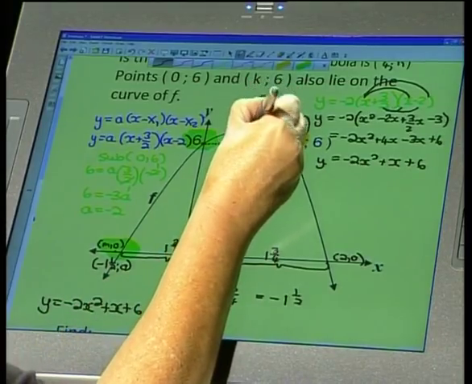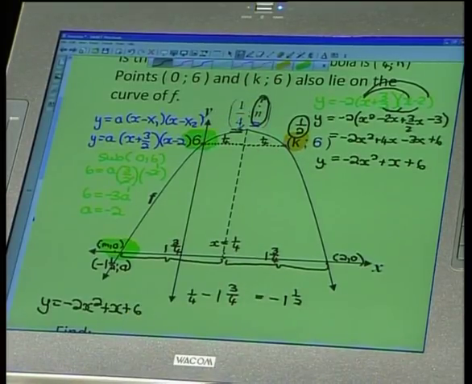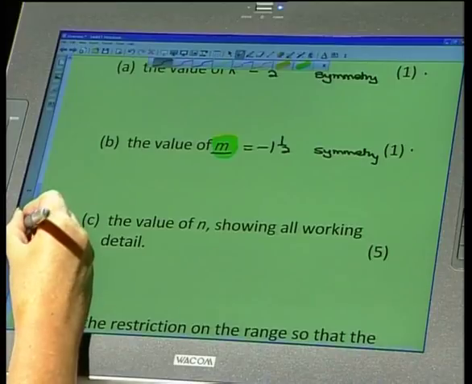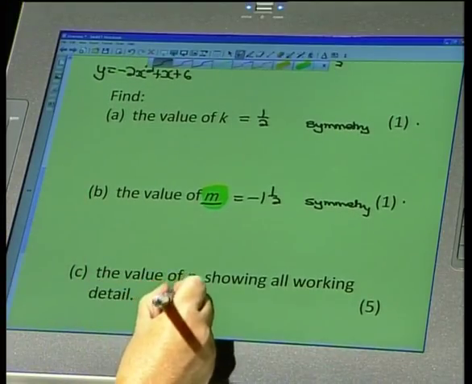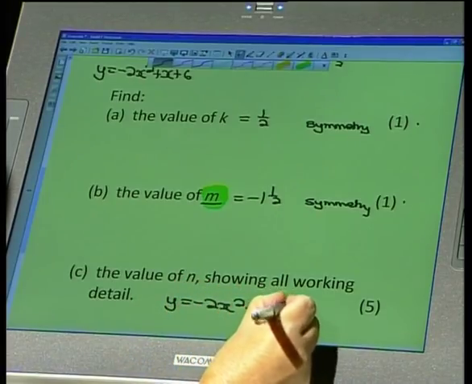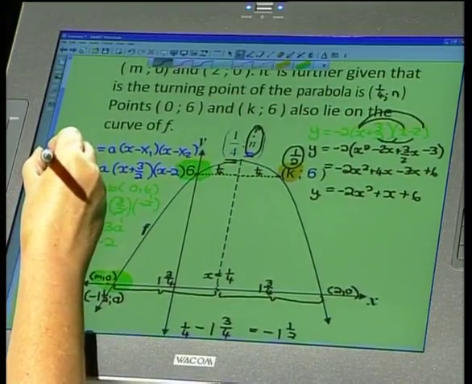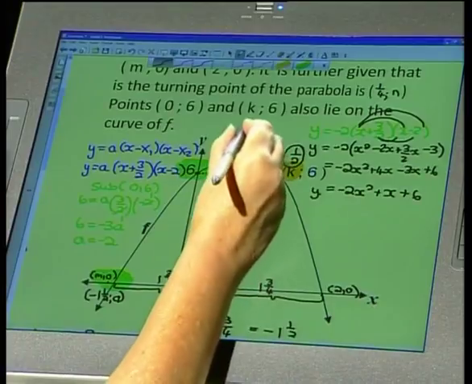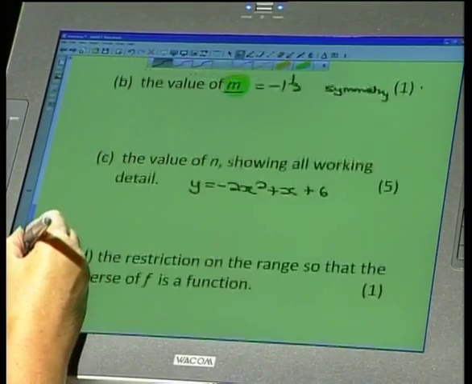Now, if I want to find n, all it would require is me substituting the quarter in for every single x. So let's go down to where the question is. Now we've got the equation. I must just keep the equation handy so we can refer back to it. The equation is y equals minus 2x squared plus x plus 6. Okay, now as we have discussed, we're going to substitute in x equals a quarter because that's what the x value is there.